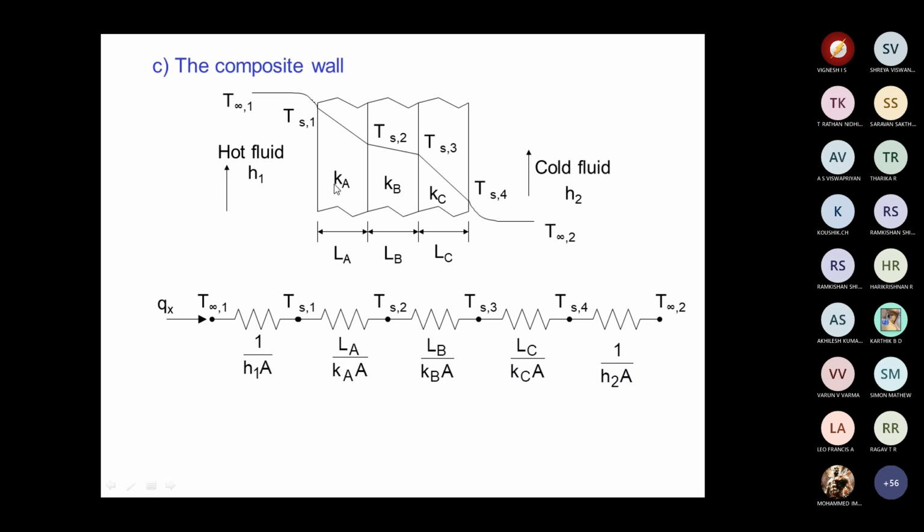In case of conductive resistance, the important property which helps in heat transfer is thermal conductivity, so it depends upon the thermal conductivity of the material. Whereas in case of convective heat transfer, the convective heat transfer coefficient is the important property. The H value will be in watt per meter square Kelvin, whereas the K value will be in watt per meter Kelvin. So that particular thing you have to understand.